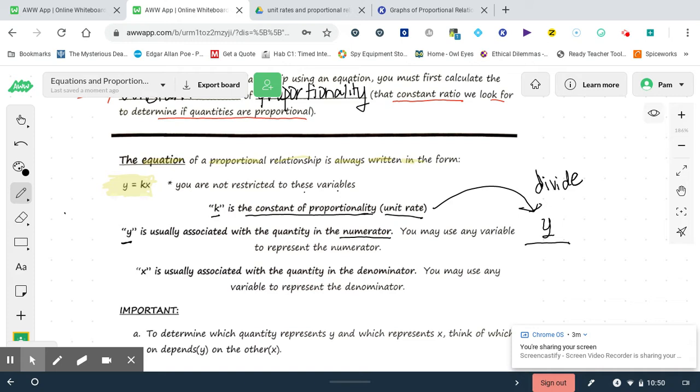You may use any variable, but for right now, we're going to stick with y. x is associated with what goes in our denominator. So when you divide, you will usually take one quantity and divide it by another quantity. The quantity in our numerator, we'll label as y, and the quantity that goes in our denominator, we'll call x.